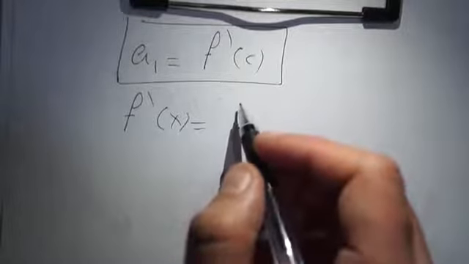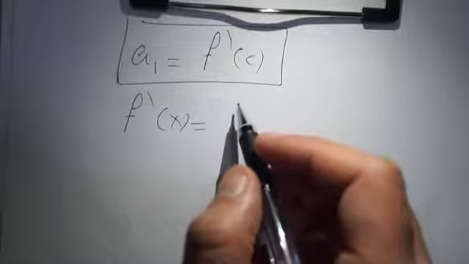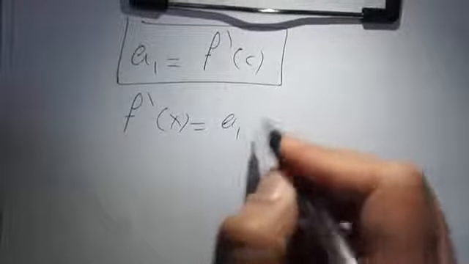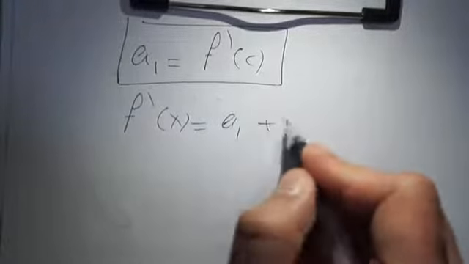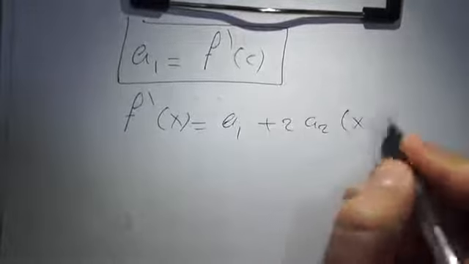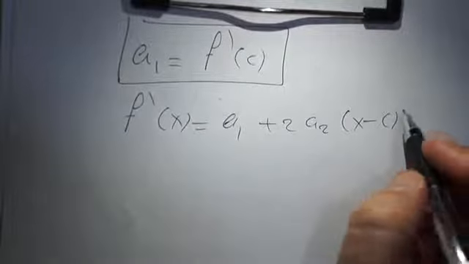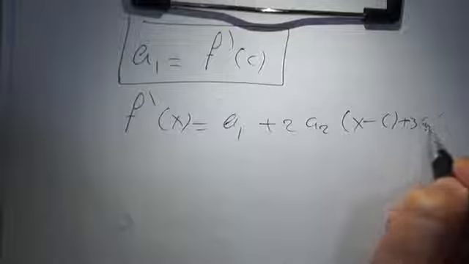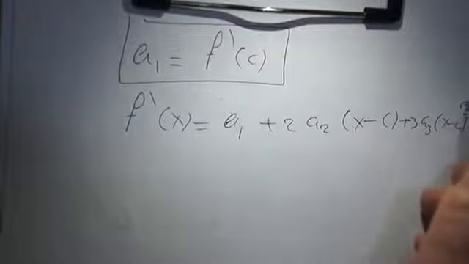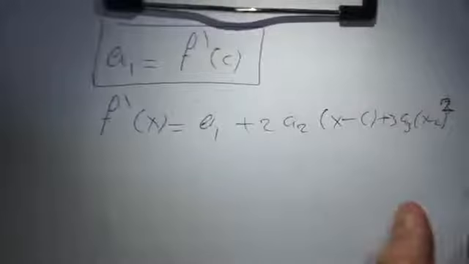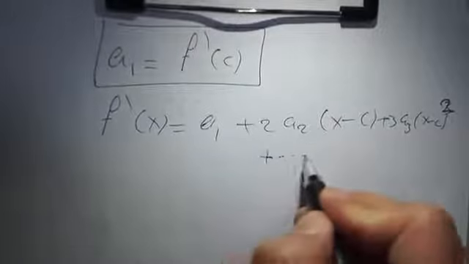So we're going to get, this one is the first one, plus 2a2 x minus c plus 3a3 x minus c to power 2, and so on.